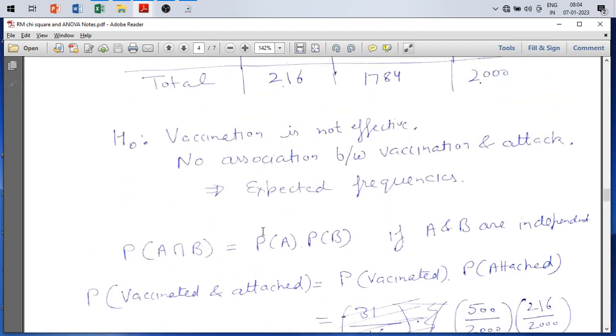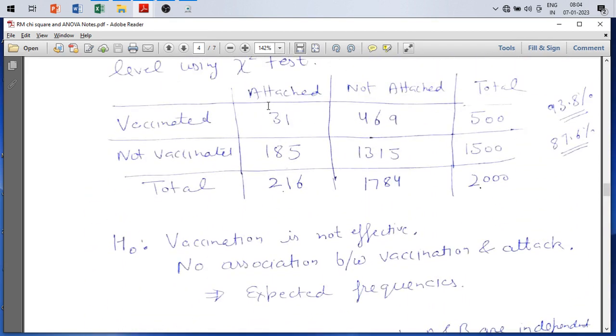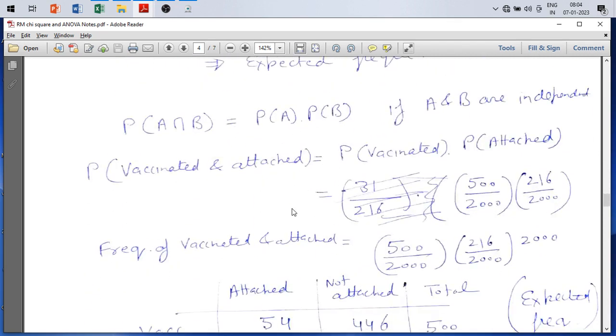So now, to fill the expected frequency here, for vaccination and attack, I've written here probability of vaccinated and attacked. That will be probability of vaccinated times probability of attacked, because we are assuming that these are independent.